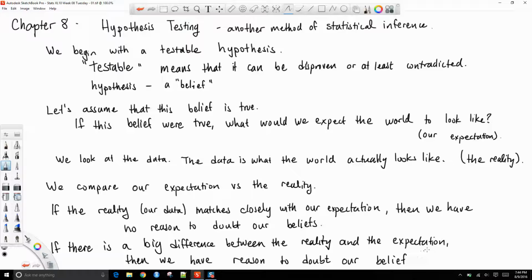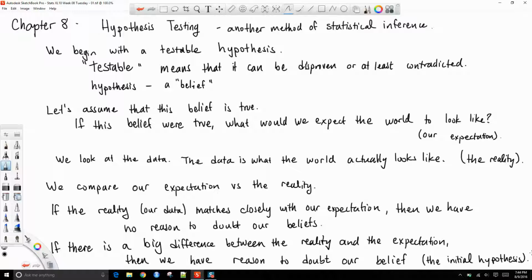Okay, our belief being the hypothesis. Okay, does this kind of framework make sense?